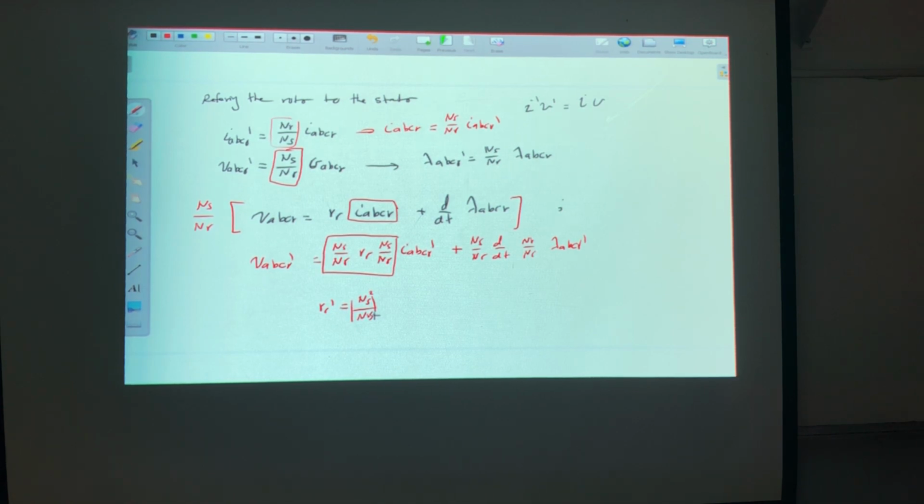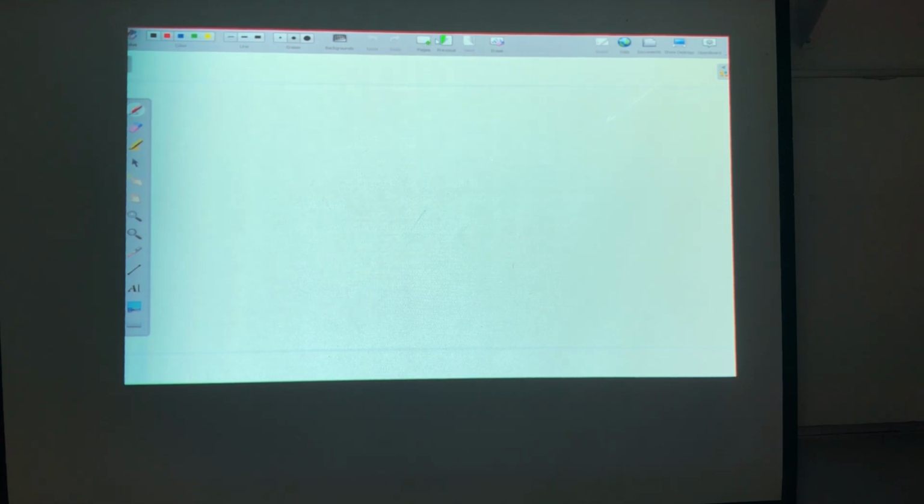Yes, so until here we have a voltage equation. Until here we have the voltage.